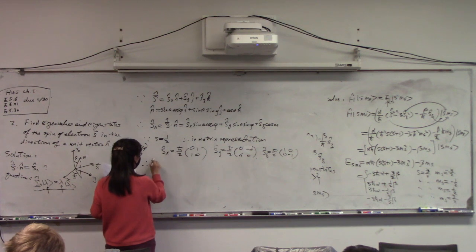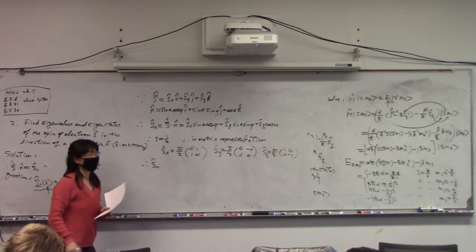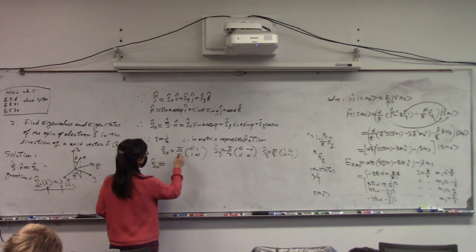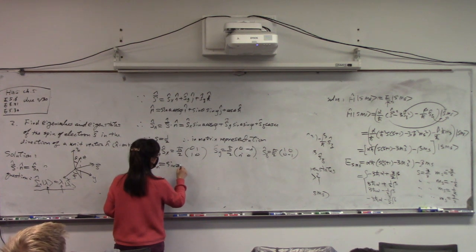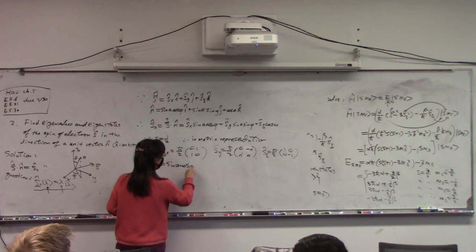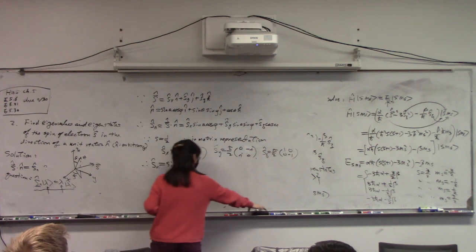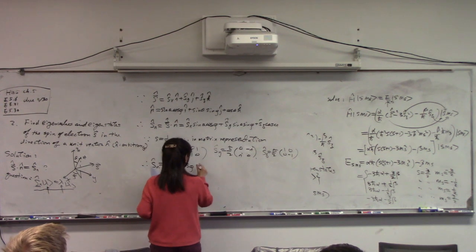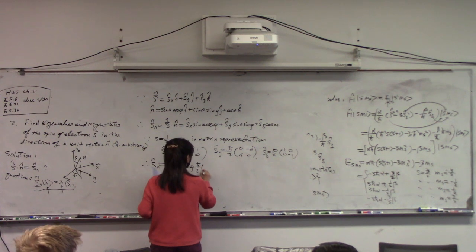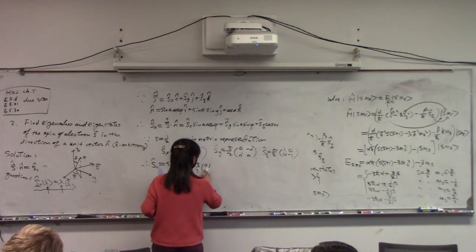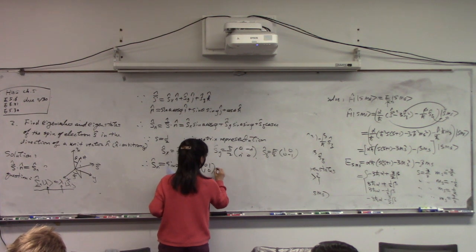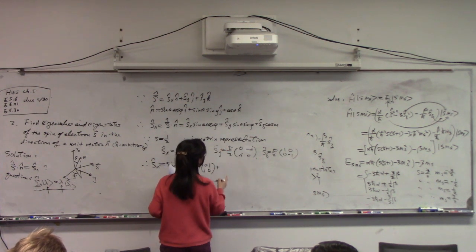So Sn is, okay, here I keep some trigonometric function and multiply half h bar times the matrix 0, 1, 1, 0. And then the second one is y, right?